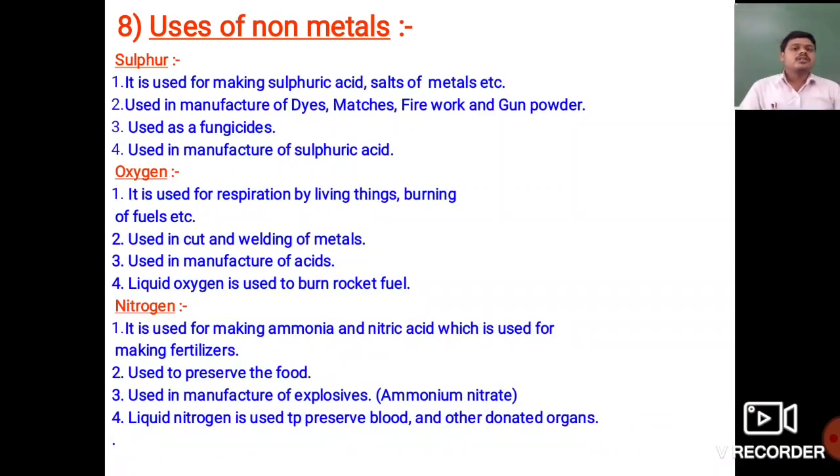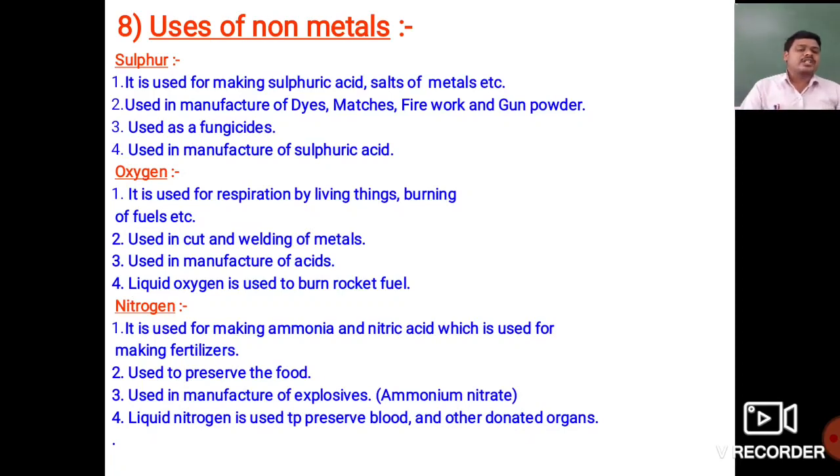Without oxygen, burning does not take place. The combustion does not take place. Then this oxygen will be used in cutting and welding of metals, or joining of the metals. This oxygen will be used in the welding industry.